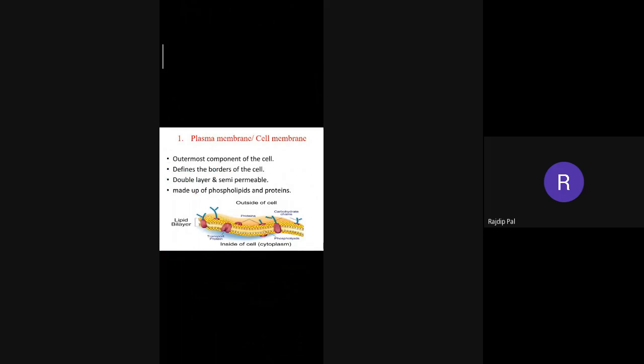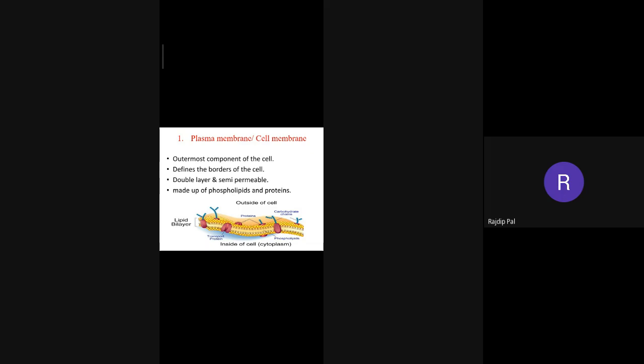The plasma membrane is the outermost cover of the cell, and it is a phospholipid bilayer, means there are two layers of a cell membrane, and each layer is containing phosphorus and lipid and proteins. Yeah, proteins also, I forgot it. And there are some transport channels which transport some particular components only.